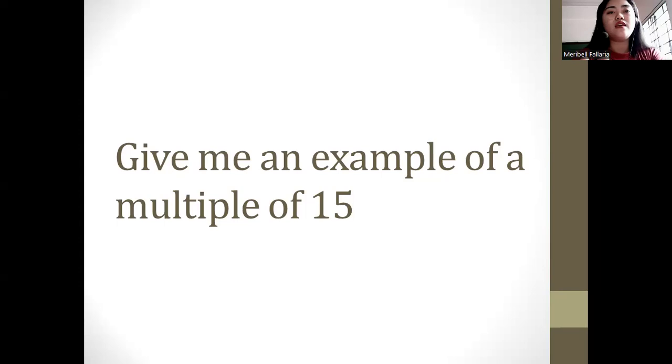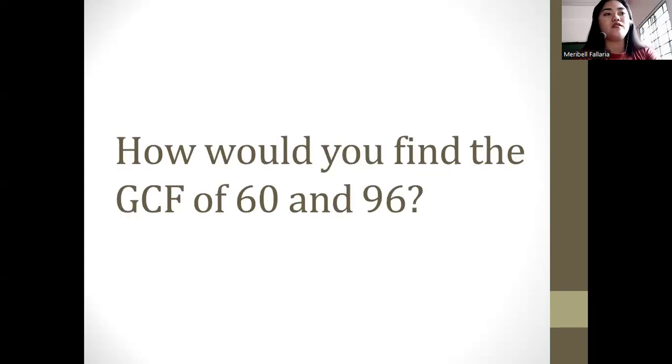We get the prime numbers of the numbers. Now, how would you find the GCF of 60 and 96? We have two numbers and we're going to find the greatest common factor. The greatest common factor is the highest common factor that we have in 60 and 96.